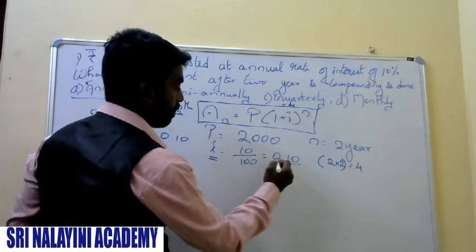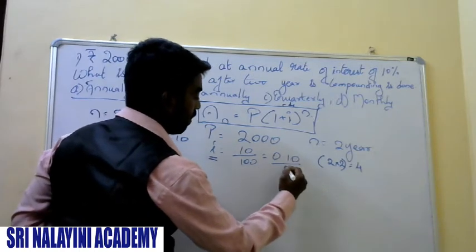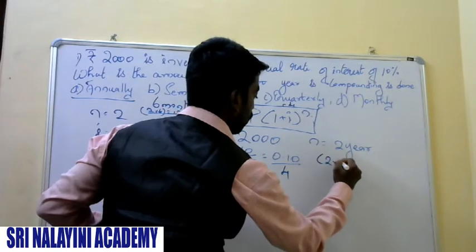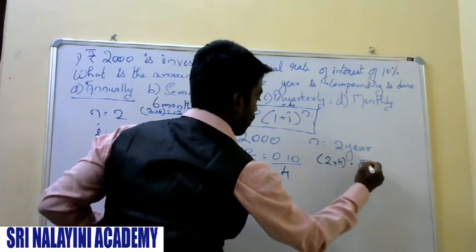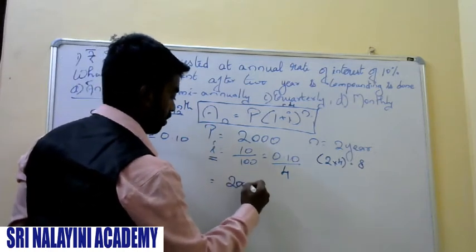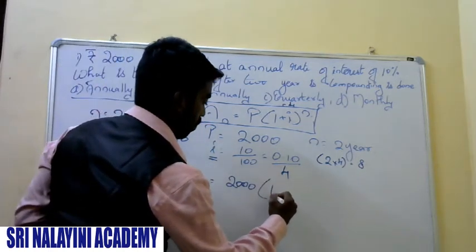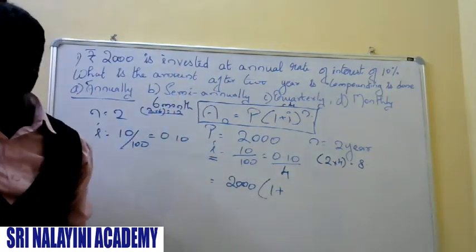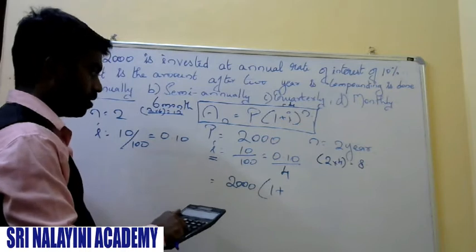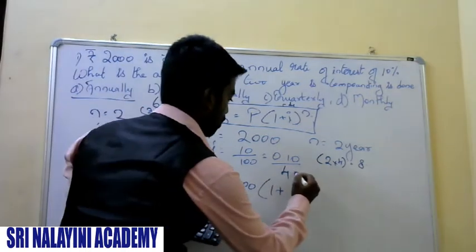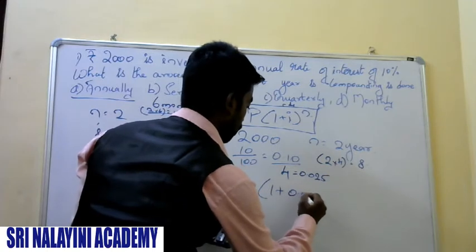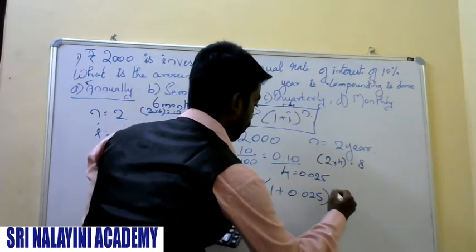So we are going to divide 0.10 divided by 4, and the number of years is 2 into 4, 8. So 2000 into 1 plus 0.10 divided by 4, you will get 0.025, power of 8.